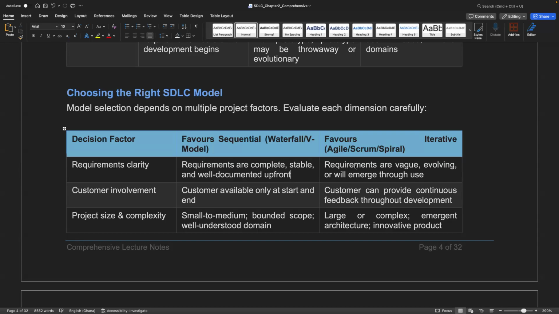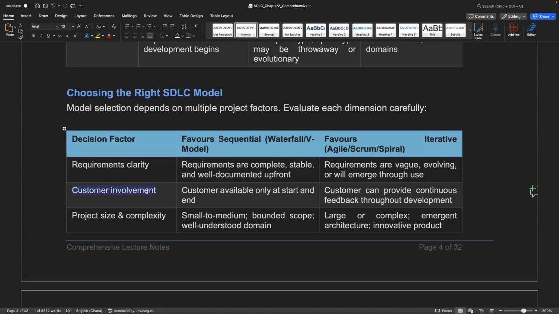However, if the requirements are vague, evolving, or keep on changing, then the agile, the scrum, or the spiral, because they use the iterative model. The iterative is like, you may need to go back where necessary, but sequential means once you finish the first stage, you are not going back again. You are continuing to the next stage. Basically, that's what it means.